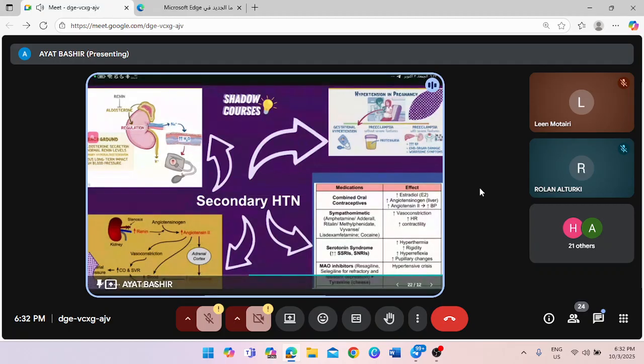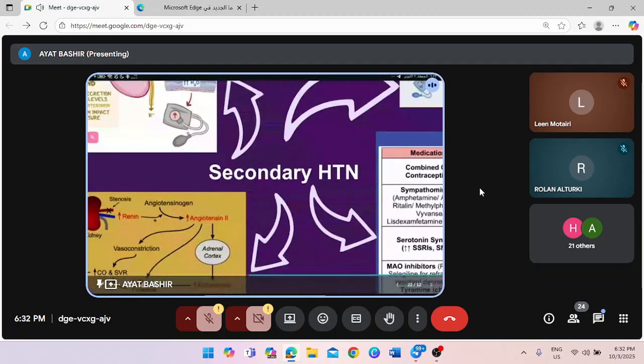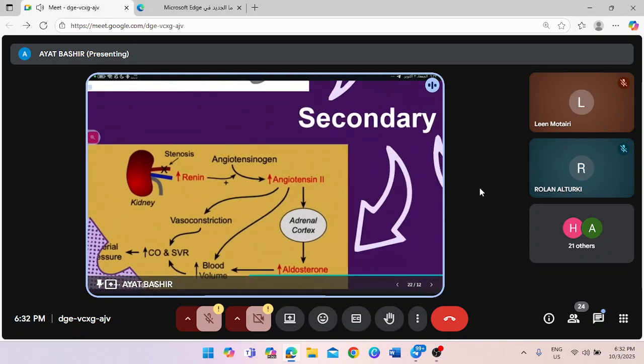And also if we have any problem in the kidney, because how can the kidney control the blood pressure? When it feels there is decreased blood pressure arriving to it, it will start to secrete renin.